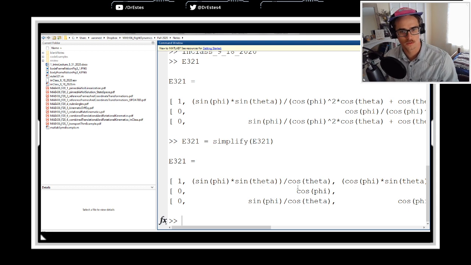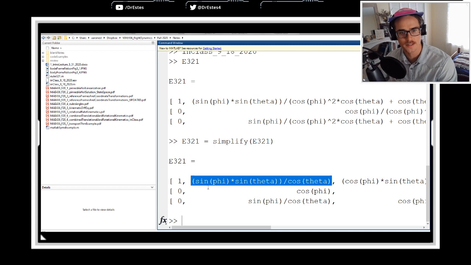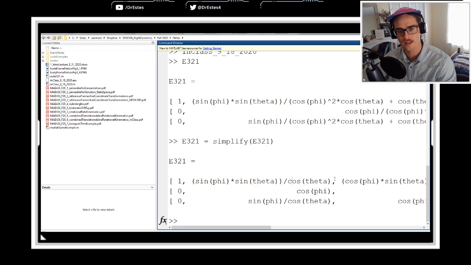Now, let's look at this term, the 1, 2 element. Sine phi times sine theta divided by cosine theta. Well, okay, I know that sine theta divided by cosine theta is tangent, and Matlab didn't simplify this to a tangent.